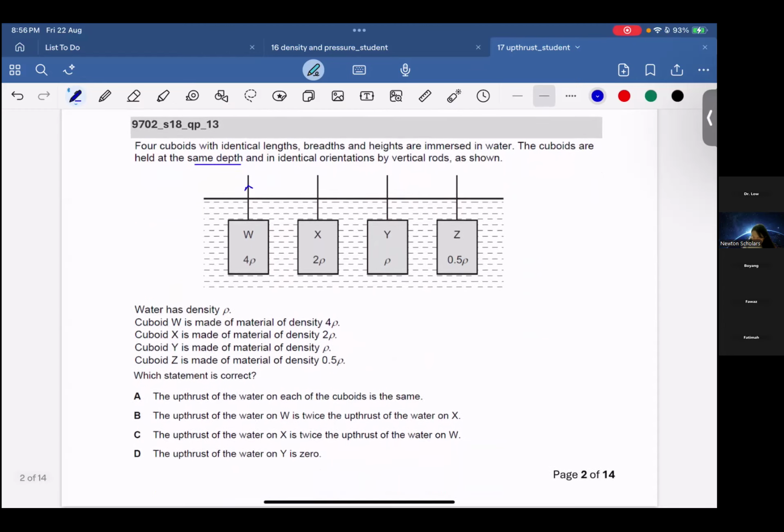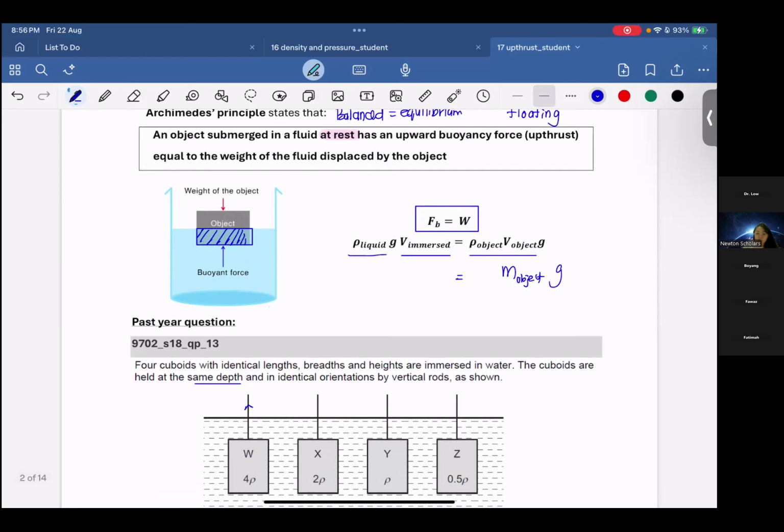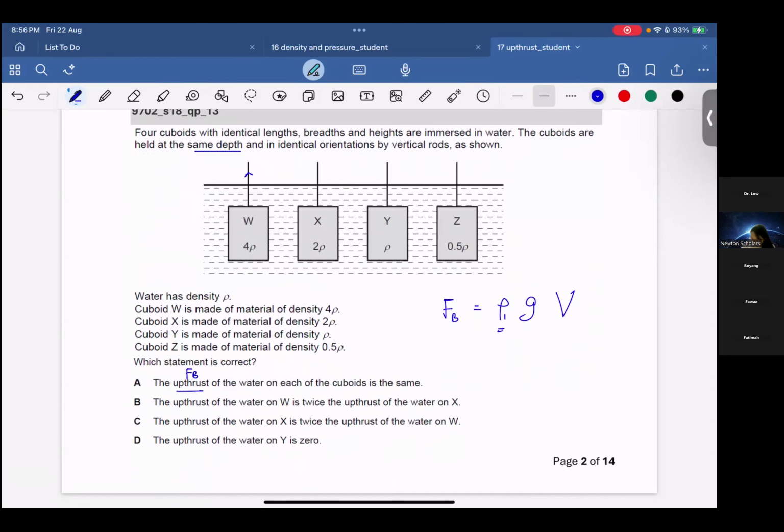Here, they're asking which statement is correct. Upthrust means buoyant force. I write a small b, easier for us to differentiate. So buoyant force is rho GV. The density here is the density of the liquid surrounding. G is 9.81. V is the volume immersed. So we look at this: this is the liquid, and this one is the immersed part.